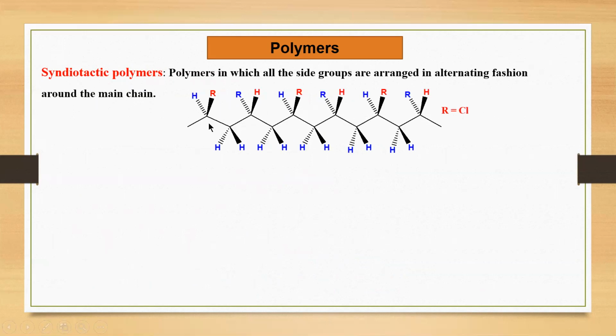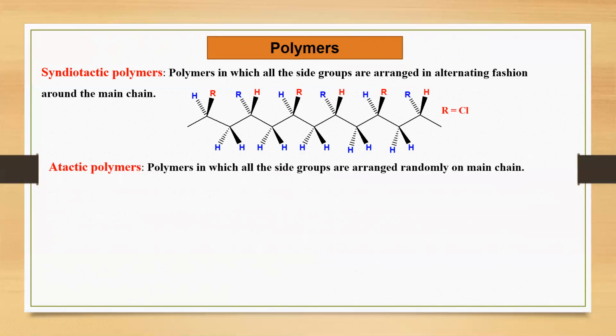In the wedge hash notation, you can see this R group, that is the chlorine atom, is once on the wedge bond, then on the dash bond, then wedge bond, then again dash bond, that is in an alternating manner. Once it points away from us and the other it points towards us. So these are syndiotactic polymers.